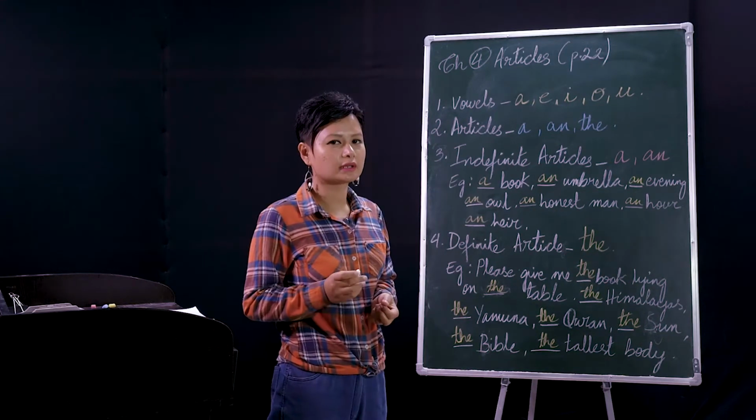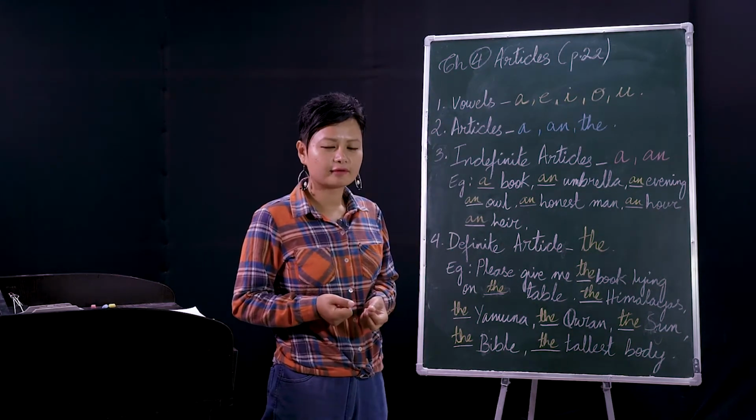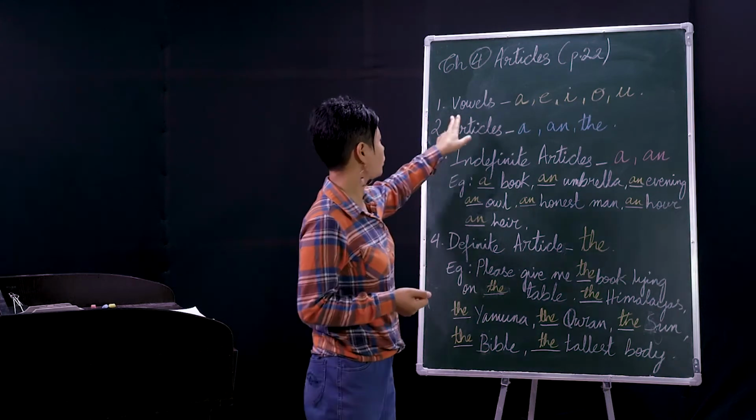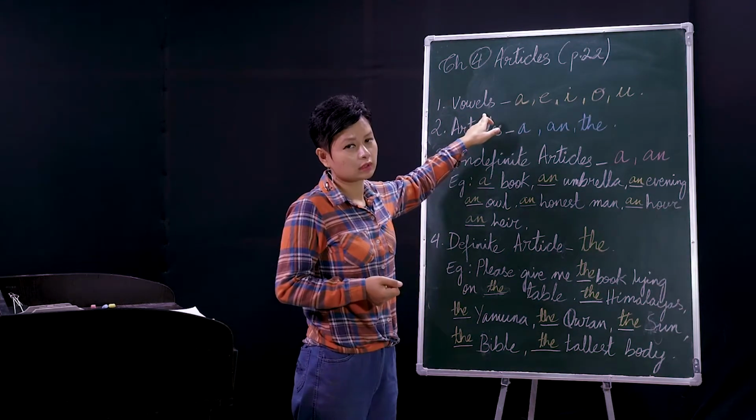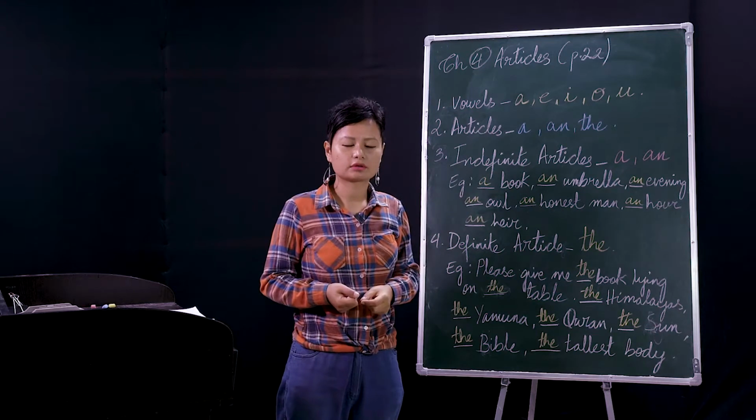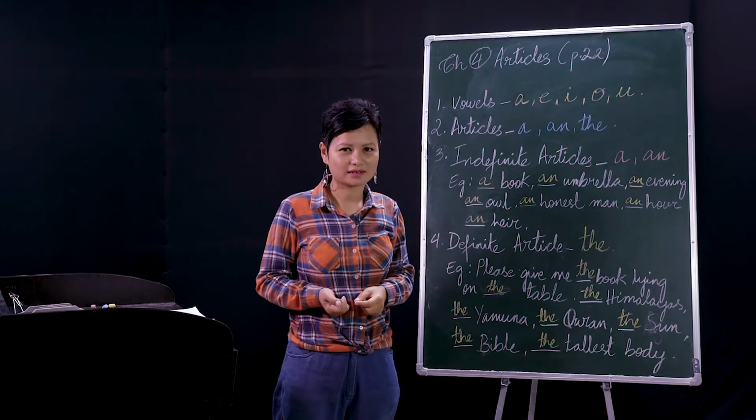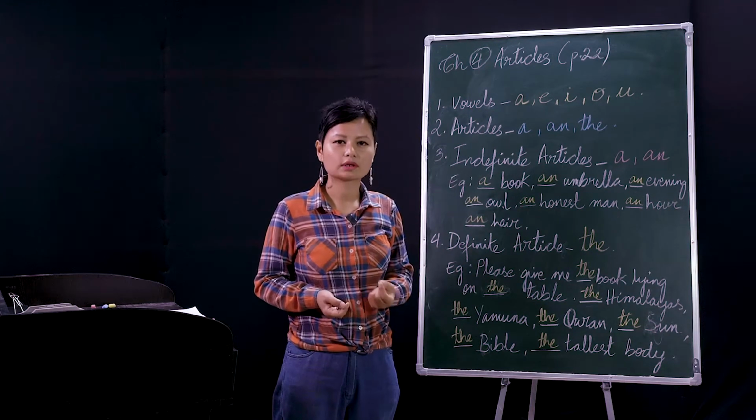Before starting with articles, let us first try to understand what are vowels. So in your lower section or in your lower classes, you must have studied about vowels, isn't it? What are vowels?